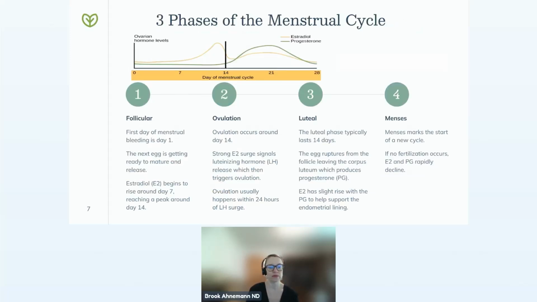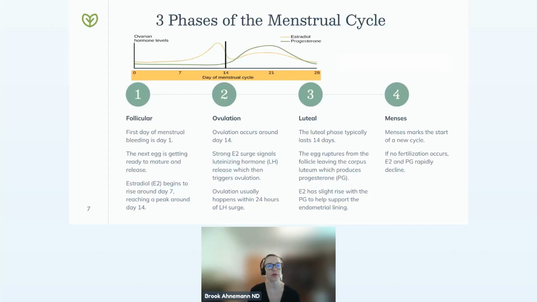A little bit more review and depth of those different phases. The follicular phase includes the menses, so cycle day 1 is the first day of bleeding. During this phase, the next egg is getting ready to mature and release.